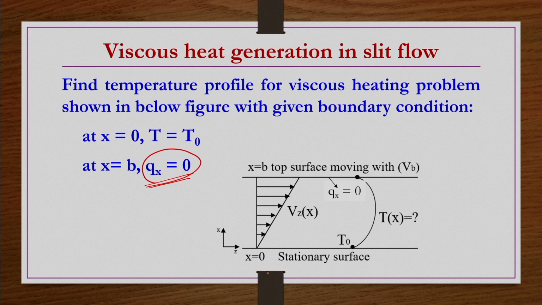Here again the bottom surface is stationary, the top surface is moving with constant velocity v b, and the velocity profile between these two surfaces is linear and a function of x. The gap between these two is b.